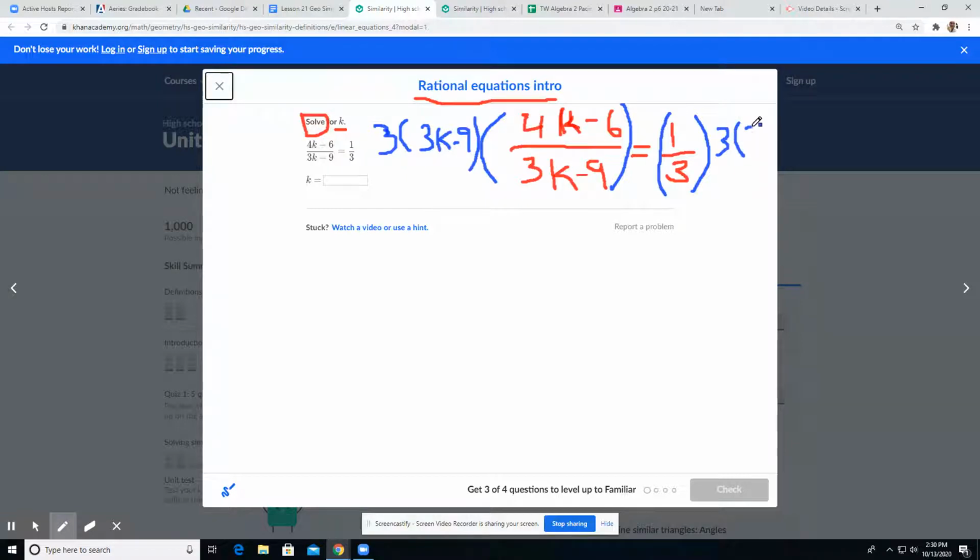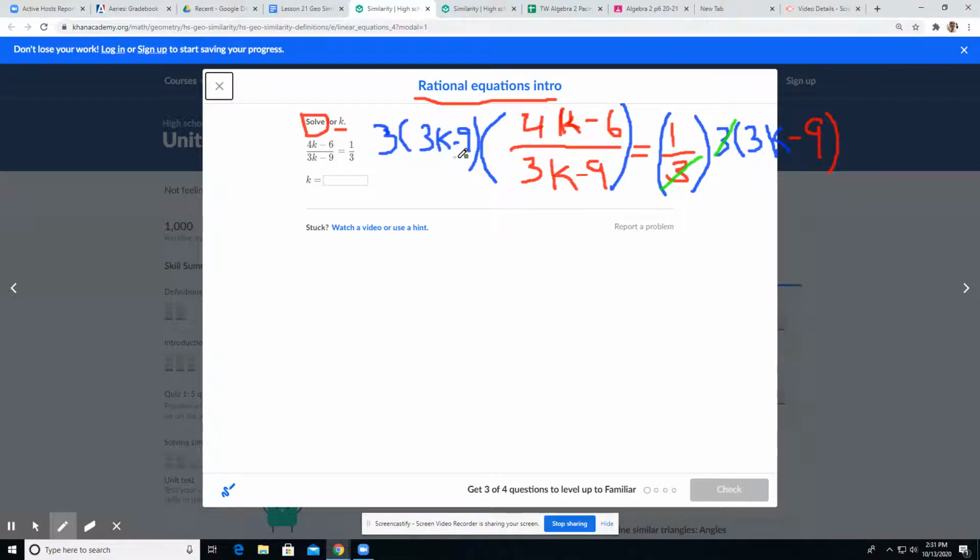Do that to the other side: 3 times 3k minus 9. Okay, so the whole point of this is that things cancel. If something's on top and something's on bottom that are exactly the same, they can reduce. So notice that on the right side, the 3 and the 3 reduce.